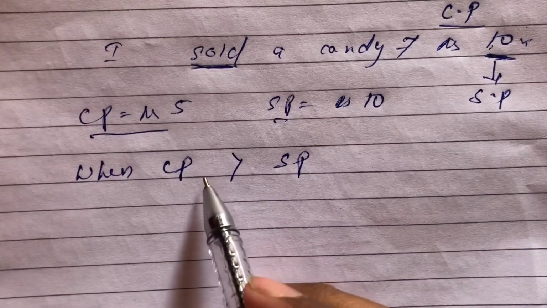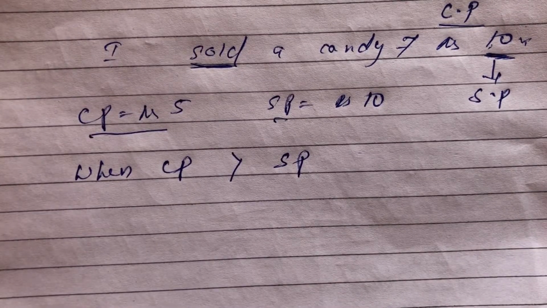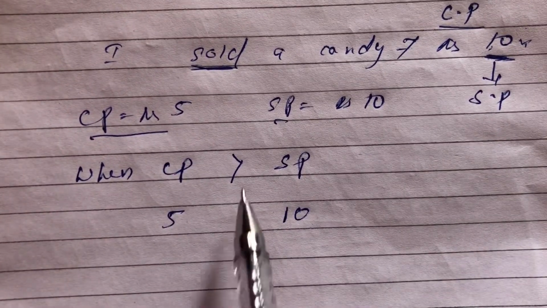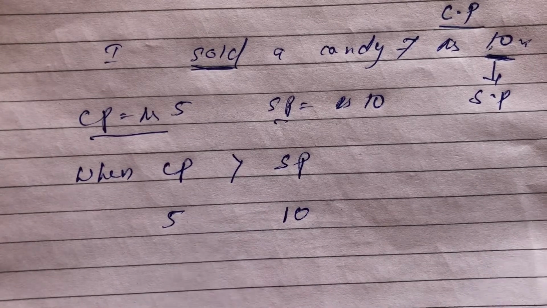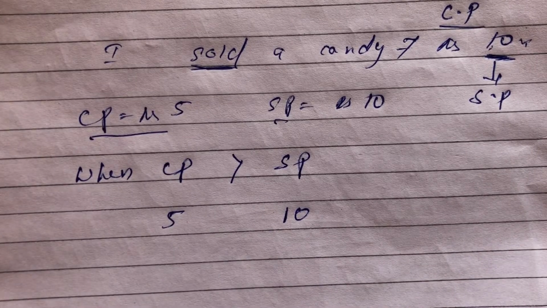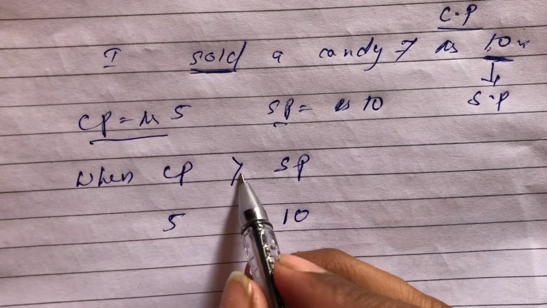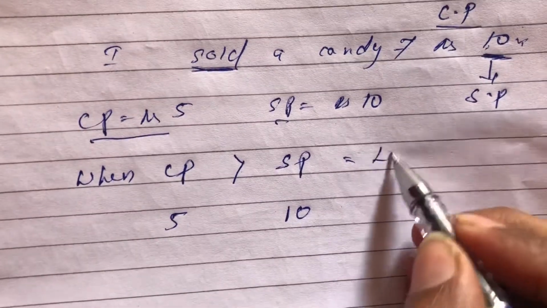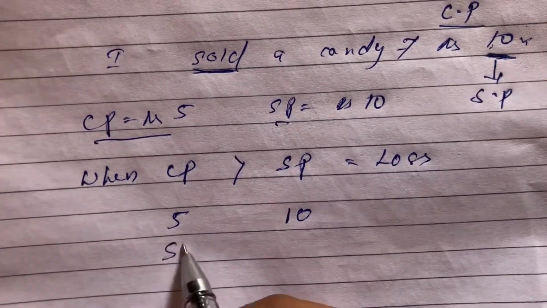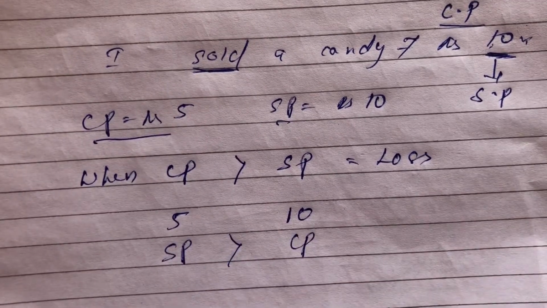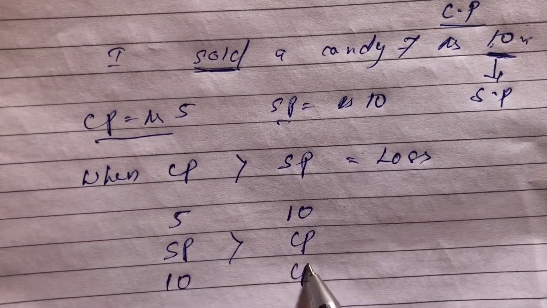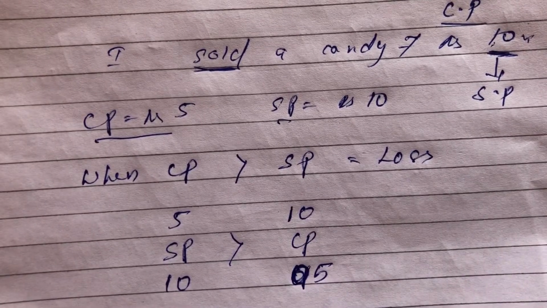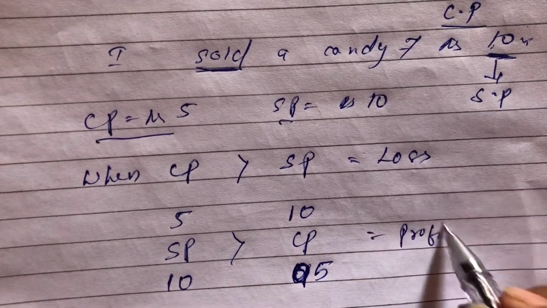Cost price is 5 and selling price is 10. So here CP is not greater, but the selling price is greater. When CP is greater, it is a case of loss. And when SP is greater than CP, here SP is 10 and CP is 5, then that is a case of profit.